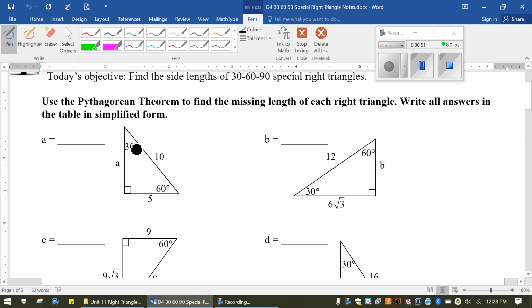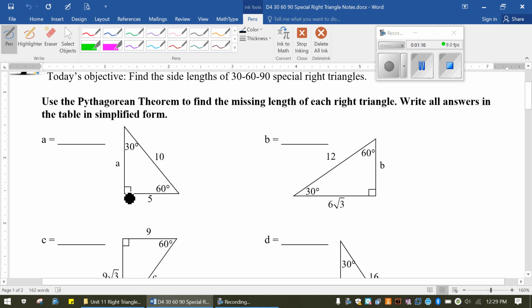So the 30-degree angle, the side opposite that would be the shorter leg. And then the larger angle, 60 degrees, would have a longer leg that is opposite. So opposite the 30-degree angle is what we call the short leg, and opposite the 60-degree angle would be the long leg. And then the hypotenuse is still the longest side in a triangle, which is opposite your right angle.